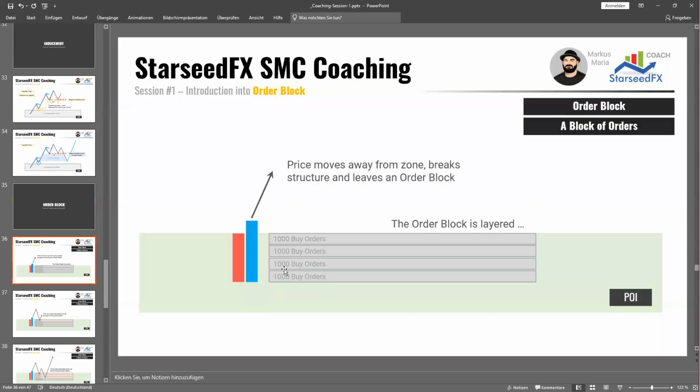So what you see now, maybe you haven't seen so far. But what is an order block? It is a block of orders. We all know by now the main order blocks we concentrate on are engulfings. So it's an engulfing pattern. We can see we had a down move and then there was an up move which engulfed the down move.